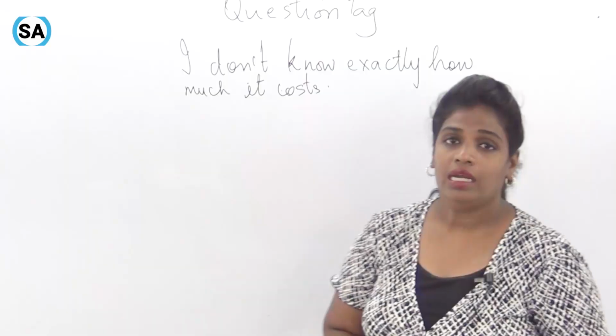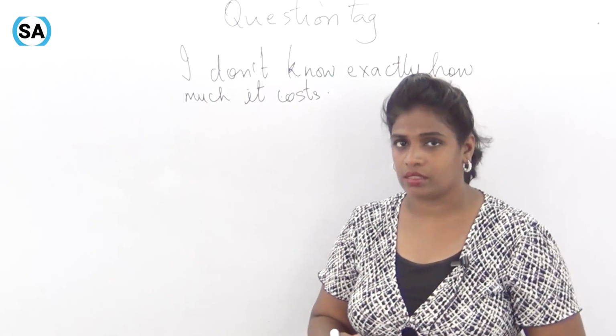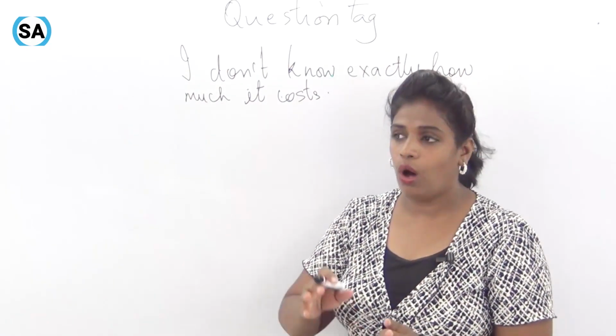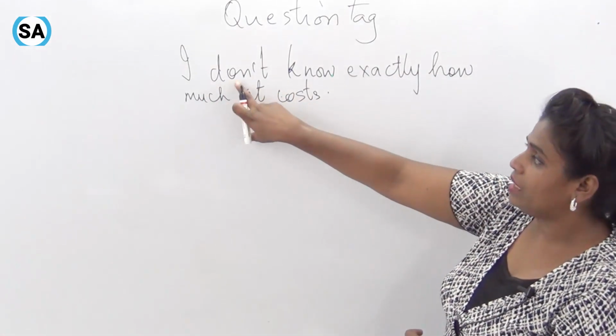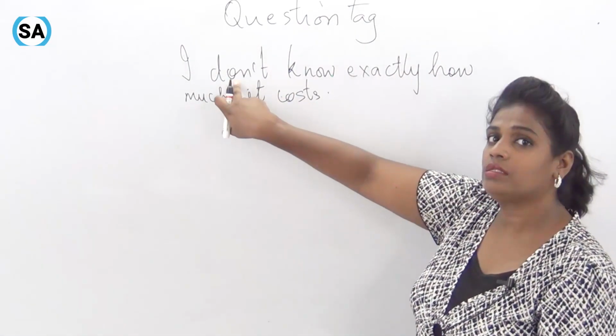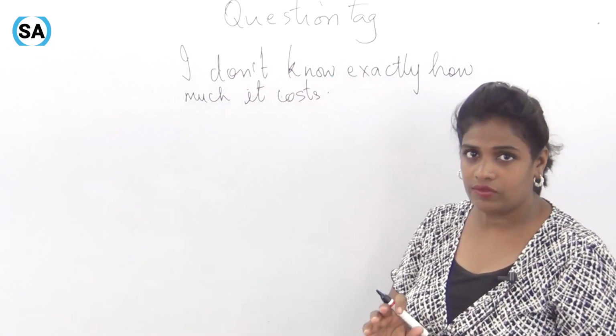So what we will do is we need to learn the basic tricks of how we can add a question tag to it. We will see the sentence in which form it is, whether it is negative or positive. So when we see the sentence, we find this word don't, which is the short form of do not. So we say this is a negative sentence.